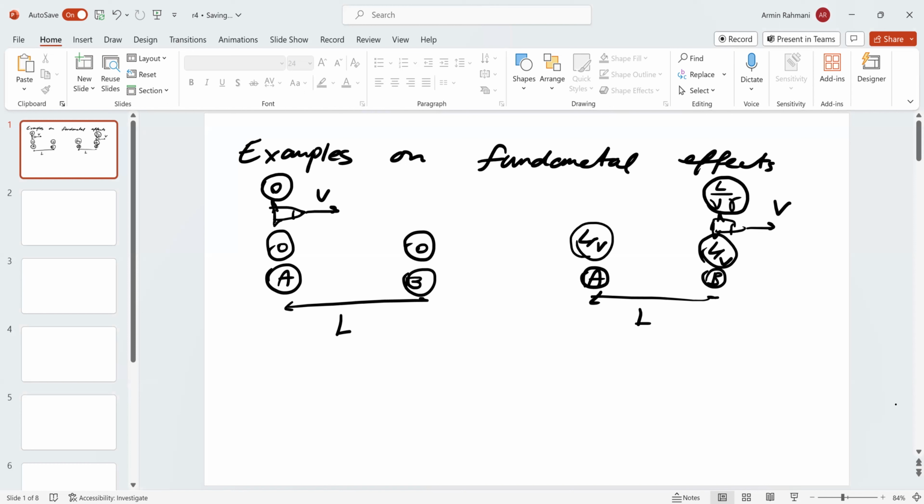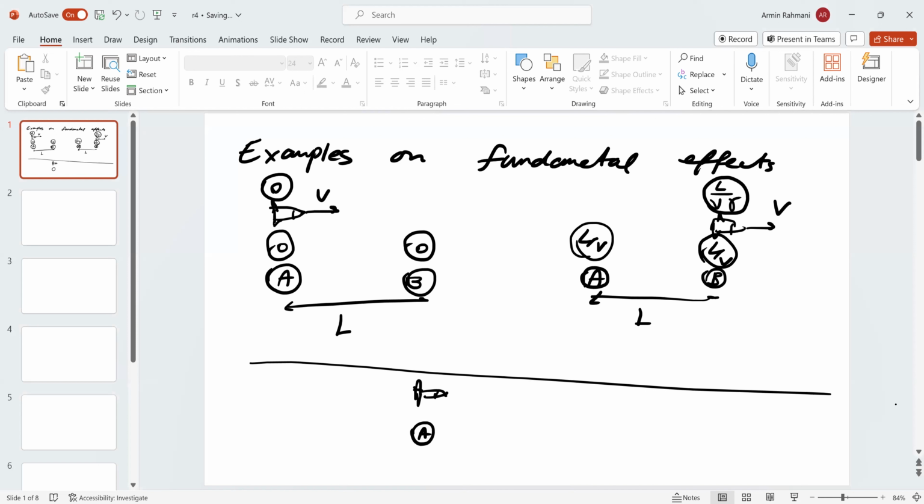So now here's the apparent contradiction. You may ask, well, from the point of view of the rocket, the rocket is stationary. And what happens is, we have A and B. They move this way with velocity v.